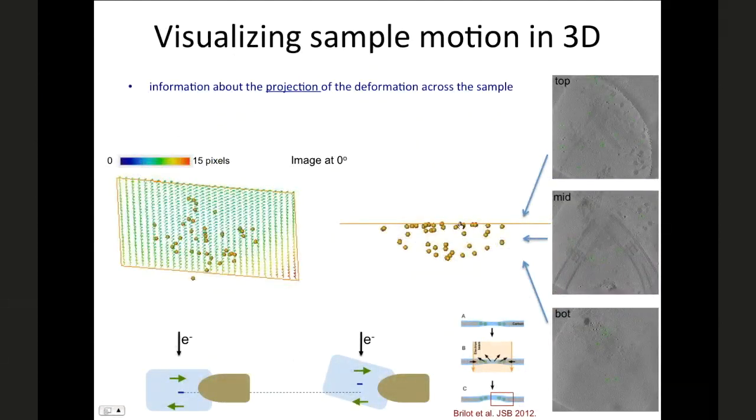This represents the tomogram. This is the top part, the middle part, the bottom part. Here we can see the two basal bodies. These spheres represent the gold particles used in the alignment, and here we will see how the motion is changing.